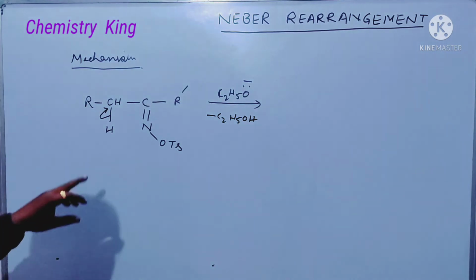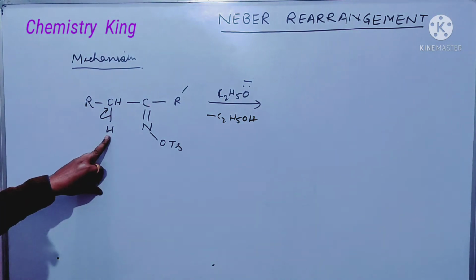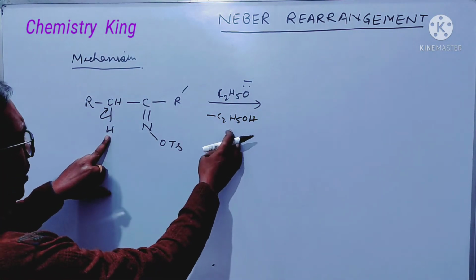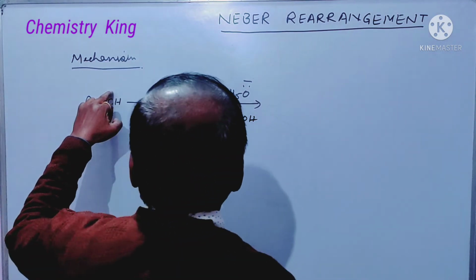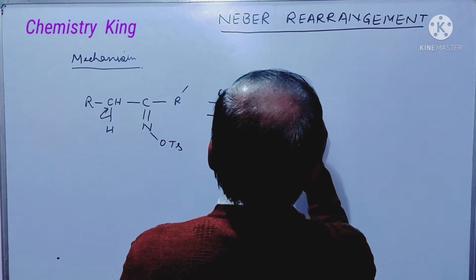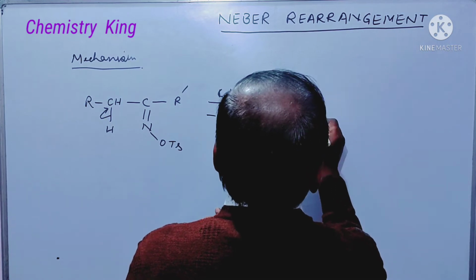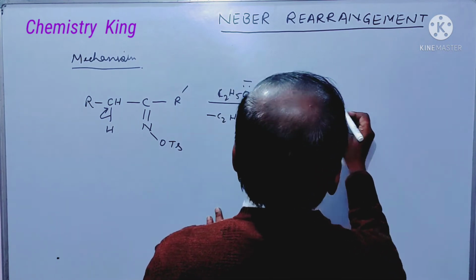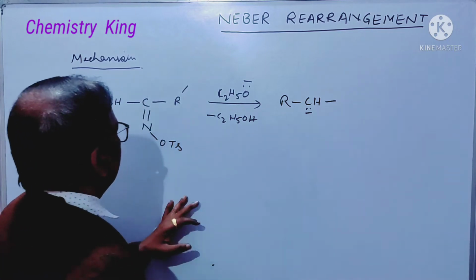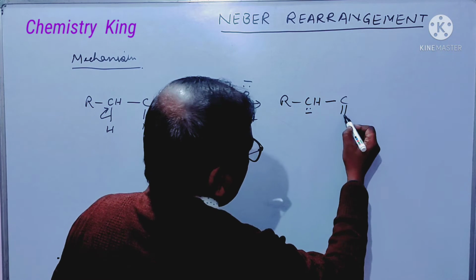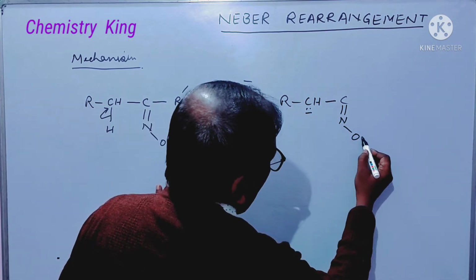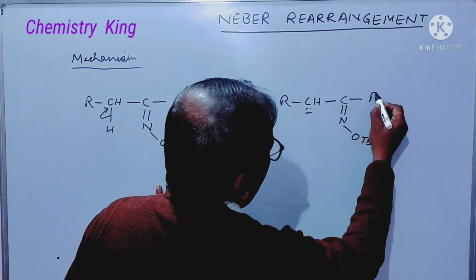This ethoxide ion will abstract this hydrogen, ethyl alcohol is eliminated and a negative charge will generate here. A carbanion, C double bond N OTs R dash.